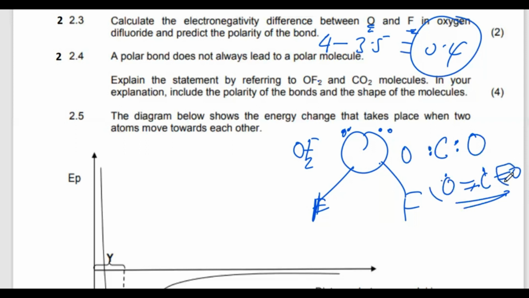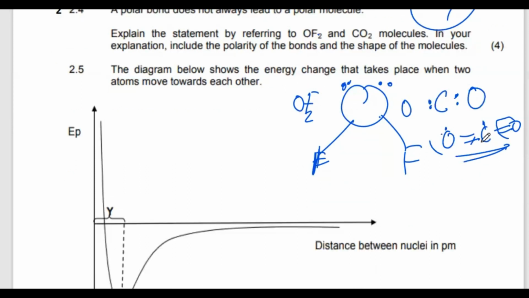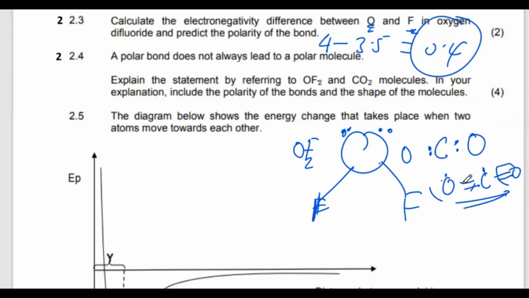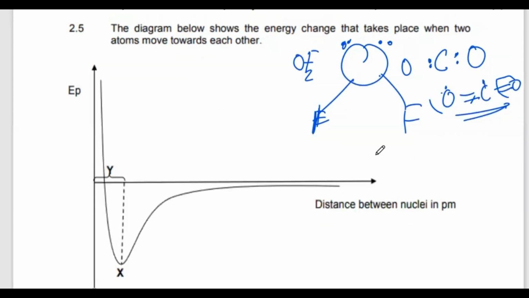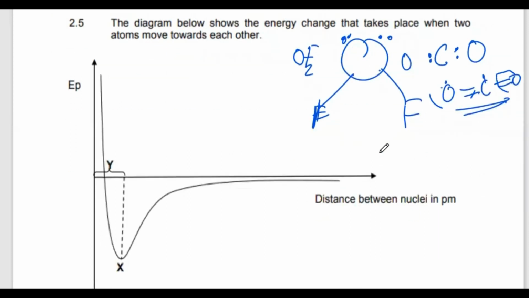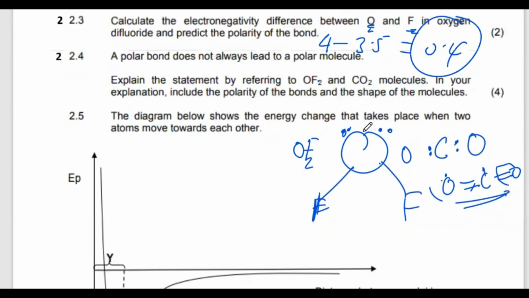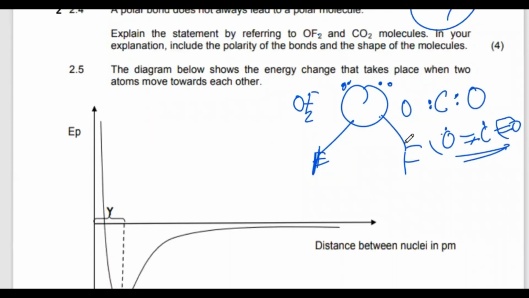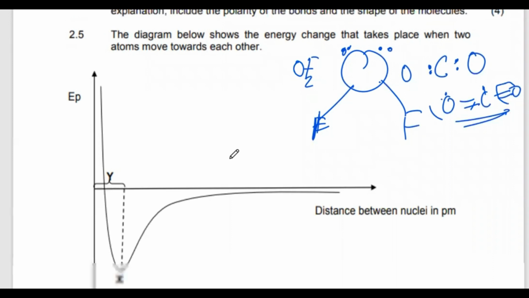So this one is going to be non-polar. However much the bonds in the molecule are polar, this one is going to form a polar molecule because of the shape. It is a bent shape, angular. If it was straight, it would have been non-polar. But because of the shape, it becomes polar.